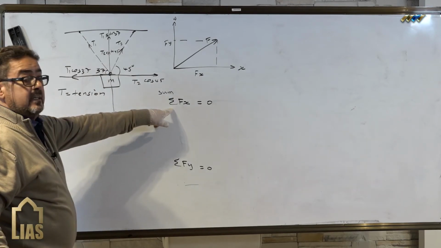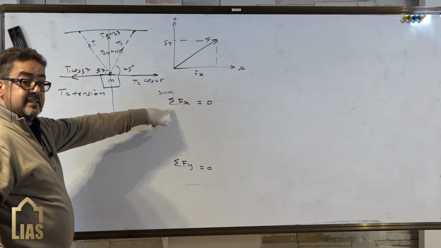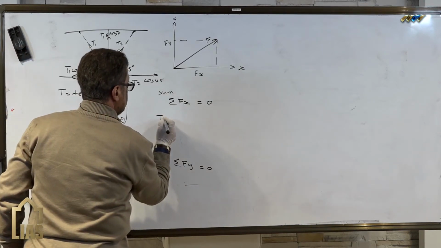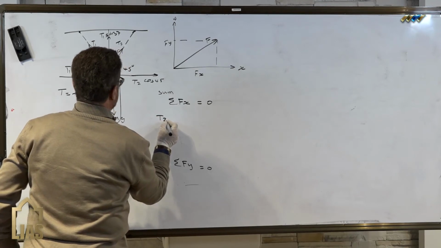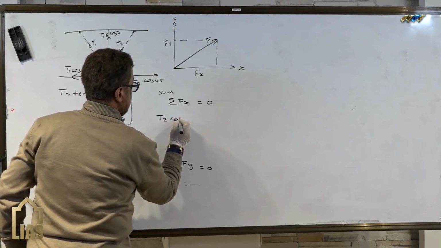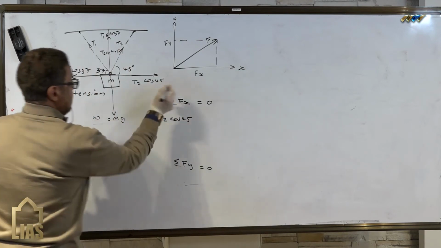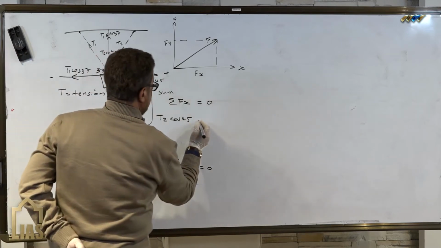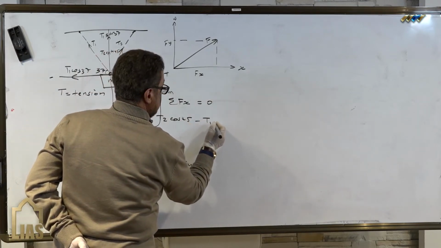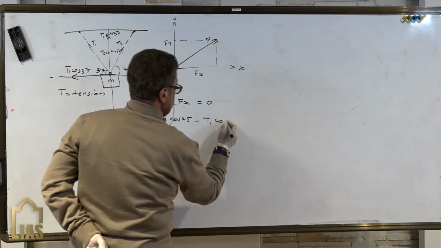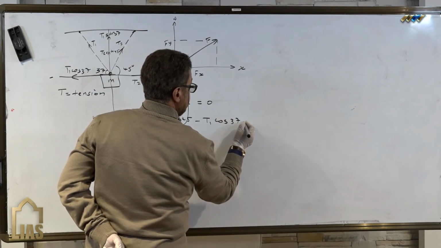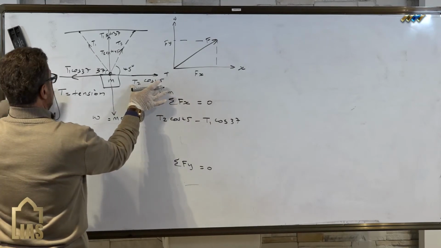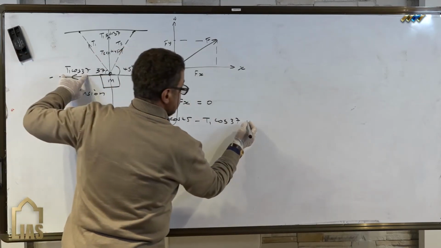In the x direction, we have T2 cosine 45 positive and minus T1 cosine 37. We have nothing else, so these two forces sum to 0.